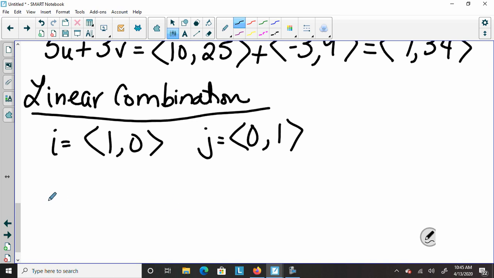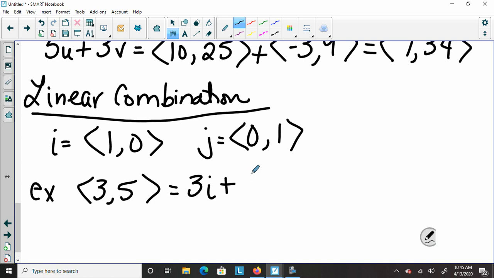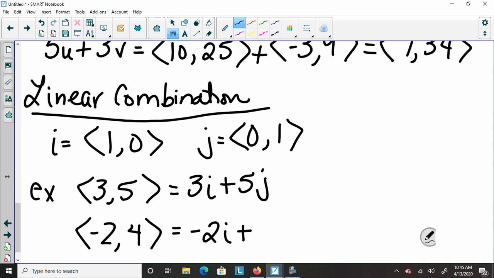So if I wanted to describe, say, 3, 5, I can write the vector 3, 5 as 3 times i plus 5 times j, because there are 3 that are in the x position, and that's what the i represents, and there are 5 that are in the y position, and that's what the j represents. So anytime that you have this, you just put an i next to the x value, a j next to the y value. So like -2, 4 is just going to be -2i plus 4j.